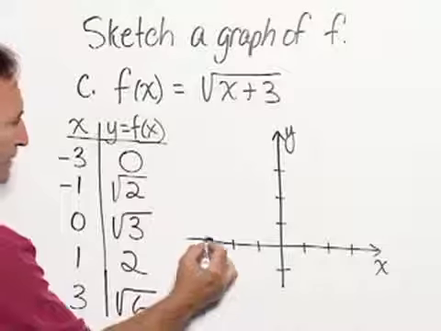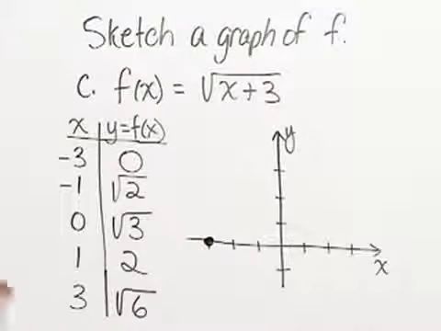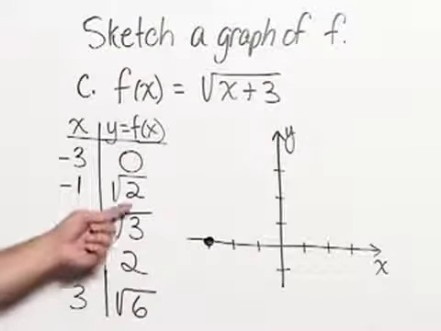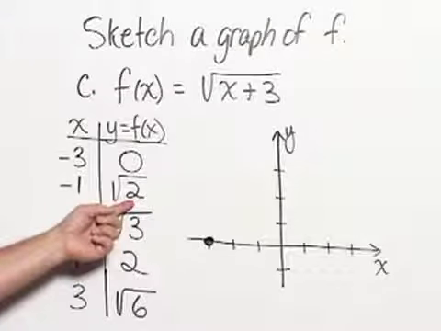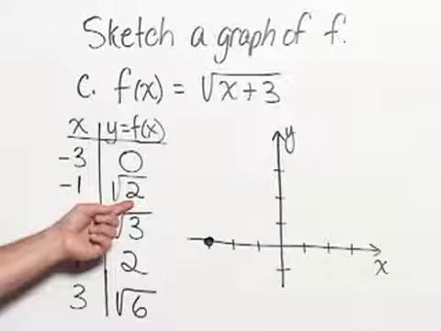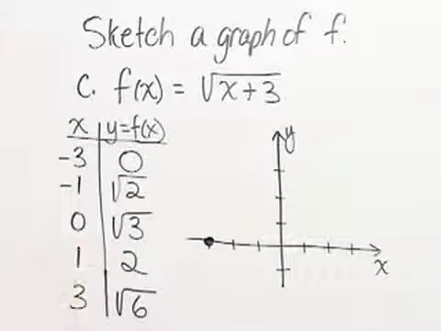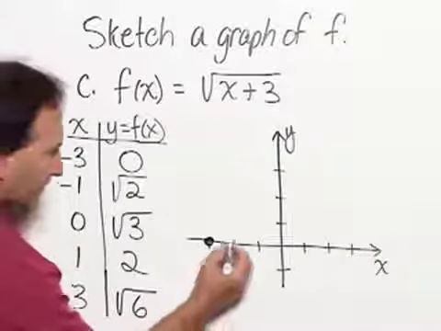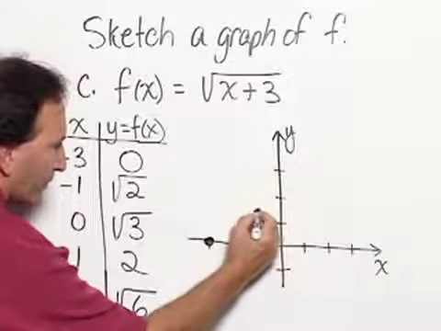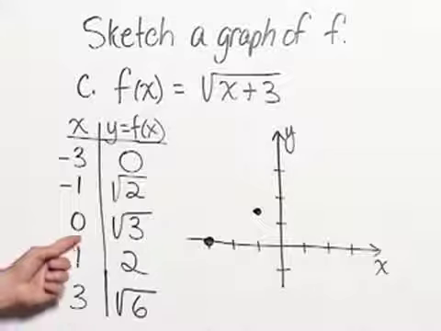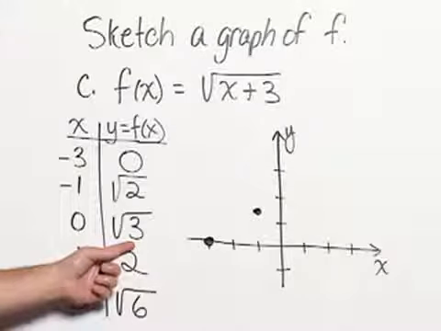Negative 3, 0 would be right here. Negative 1, and then the square root of 2. If you were to substitute that into a calculator, you would find that it's approximately 1.4, etc. So the 1.4 is sufficient for what we're doing. So negative 1, 1.4. Then we have 0, square root of 3.